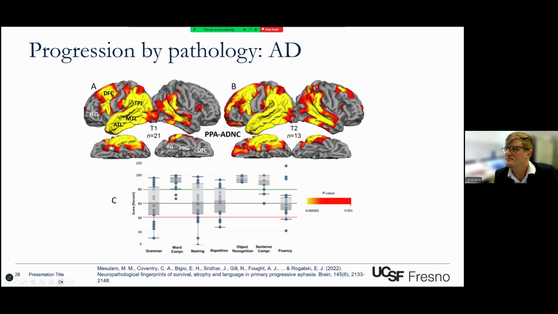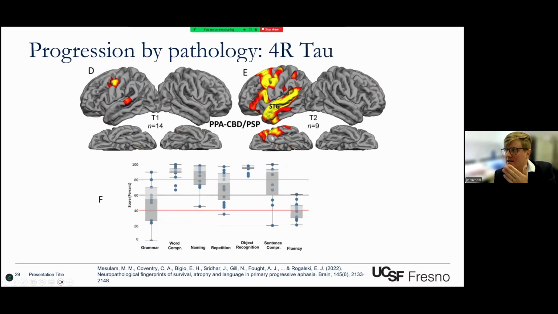Same thing for our taus, which tend to stay again in the frontal lobes area, but perhaps with more involvement of other temporal gyrus dysfunction. And so you again see that clinical heterogeneity when you look by underlying disease etiology.